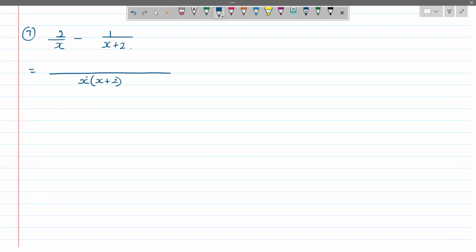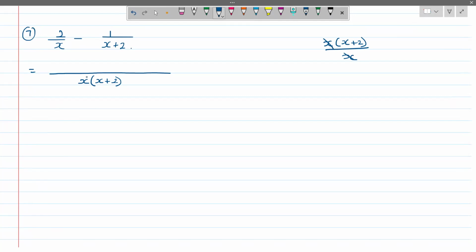I was stressing before. When I want to find the next step, I'm going to say common denominator divided by x, just as we were doing before. And if I do that, then the x's will cancel and I'll remain with x plus 2 as my answer.